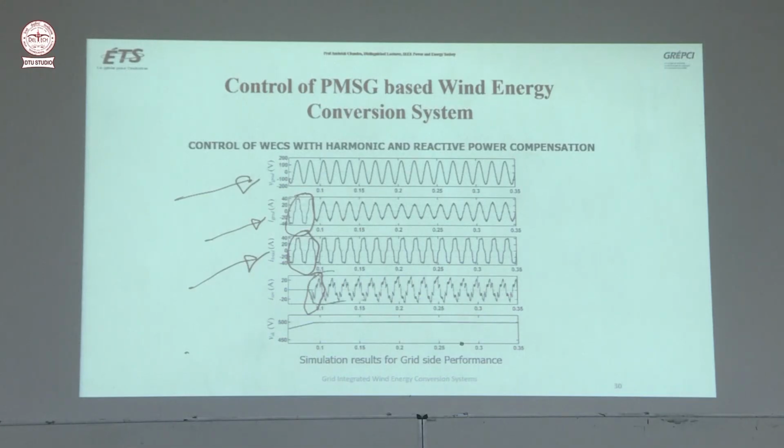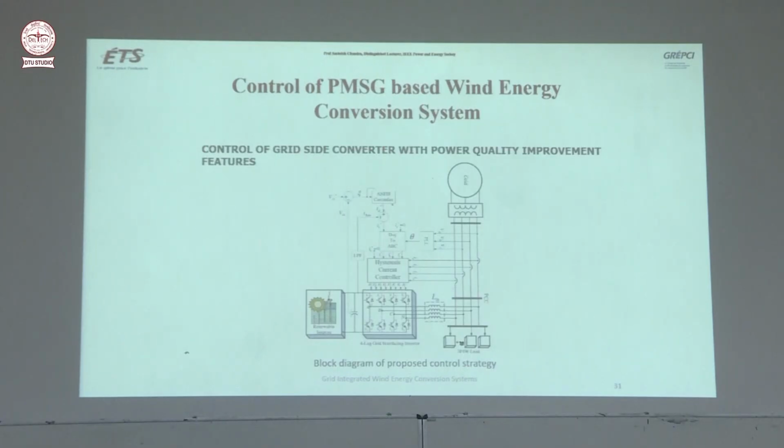But as soon as the grid side converter started, it started doing the harmonic elimination and reactive power compensation. So the grid current became sinusoidal and less, because power is coming. Apart from the fundamental component of the current coming from the inverter, you have harmonics also. So the fundamental component will reduce the grid current.